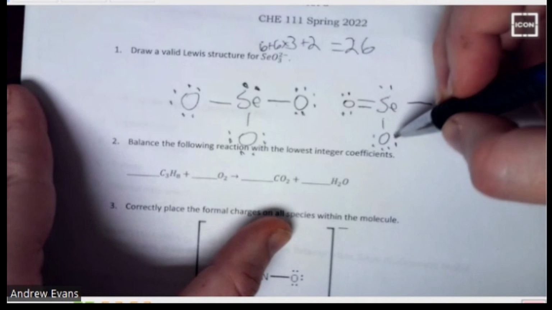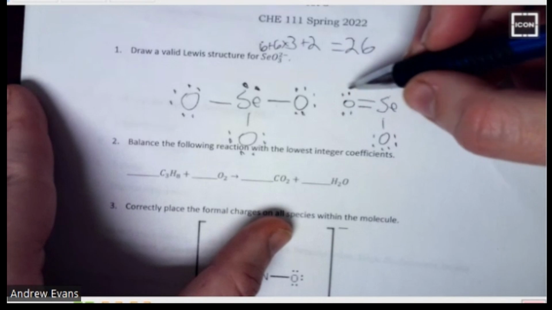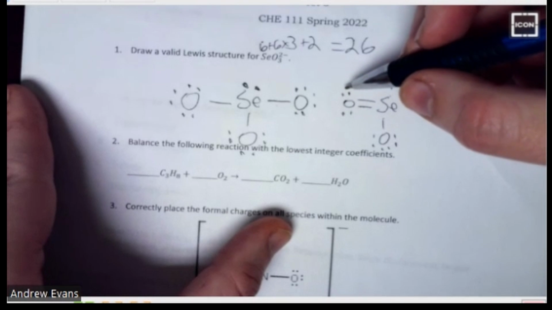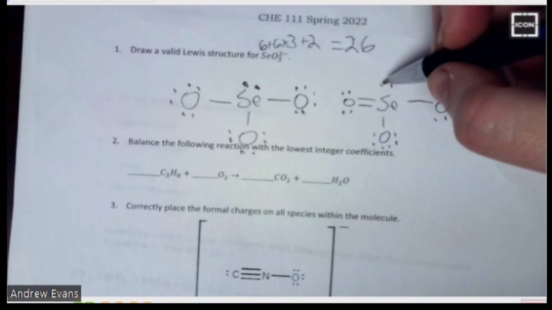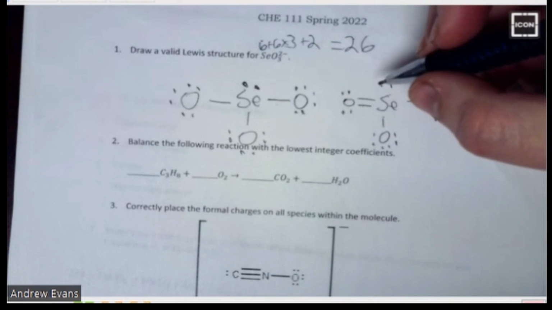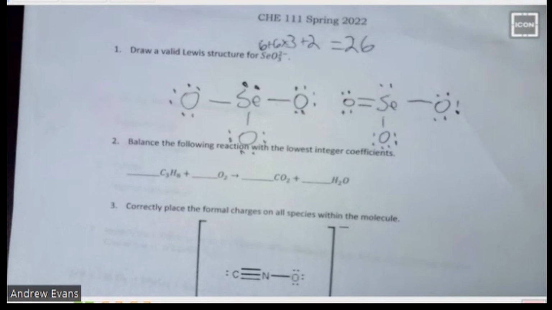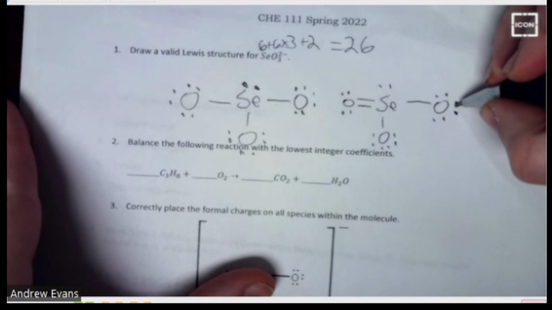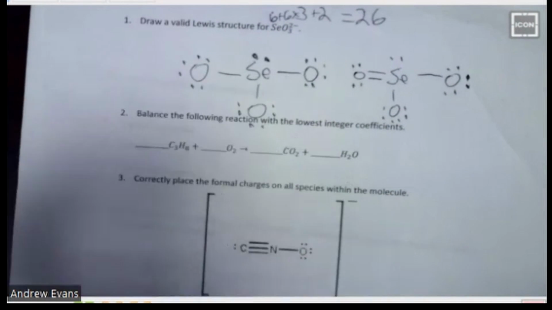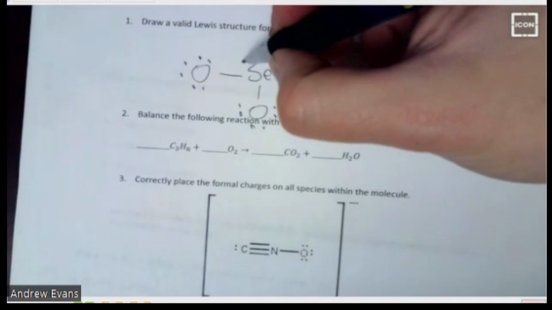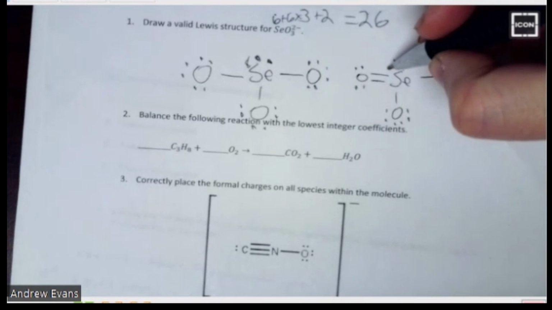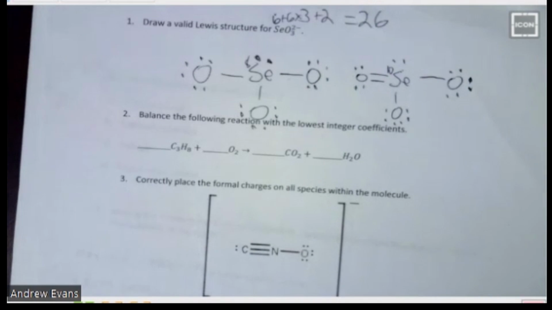This double bond could have been anywhere, but if you did a double bond, the oxygen should have 2 lone pairs, and there should be 1 lone pair on selenium. Any of those would have been valid. That's all 26 electrons. And this one has selenium with an octet. This one has selenium with an expanded octet, but that is allowed.